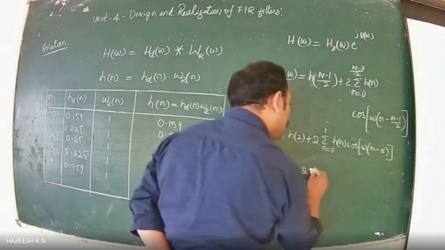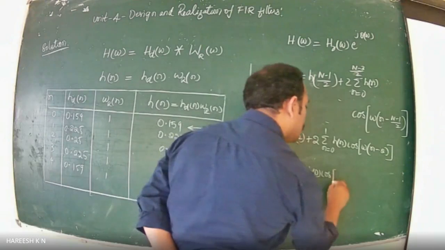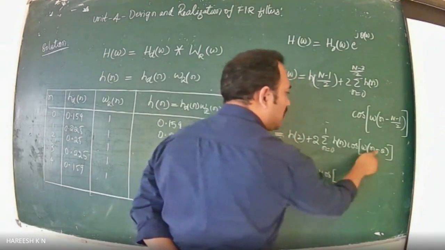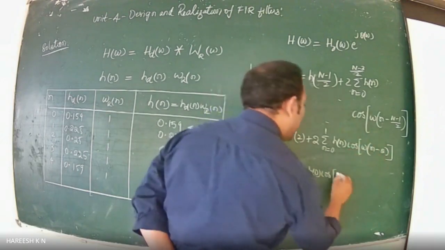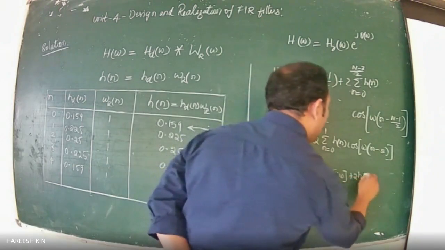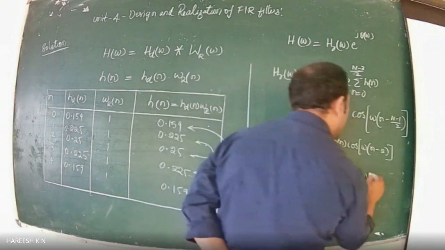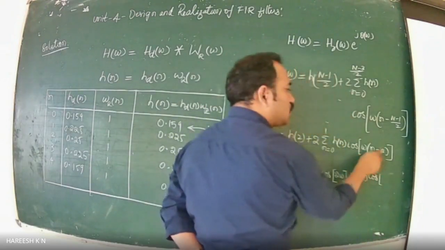that summation. Therefore, 2 into h of 0 into cos of omega. If n is substituted with 0, 0 minus 2 is minus 2. Cos of minus 2 is plus cos of 2 omega. Therefore, it is 2 omega plus 2 into h of 1. Now, n is taking the value as 1. H of 1 into cos of omega into 1 minus 2 is minus 1.